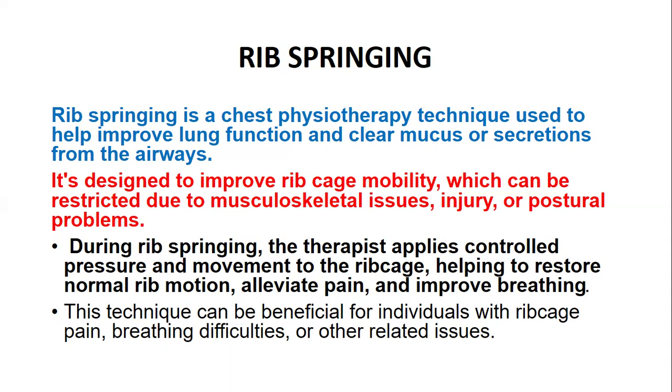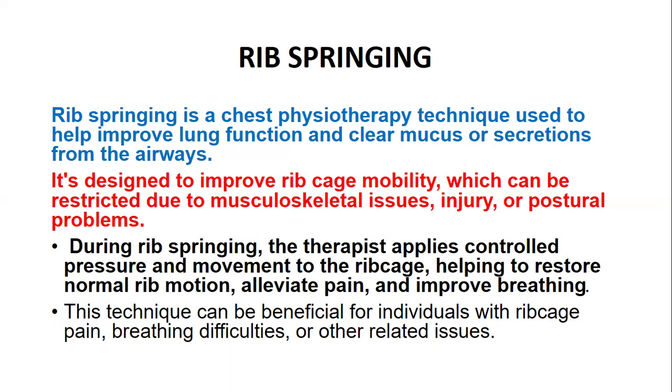So this is a manual technique that is meant to improve mobility of the rib cage due to any of these conditions. It could be musculoskeletal, it could be a neural problem where the innervation of the muscles that ensure that the rib movement is attained is compromised.